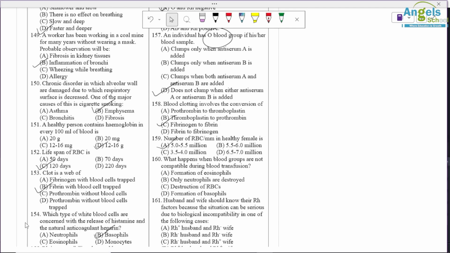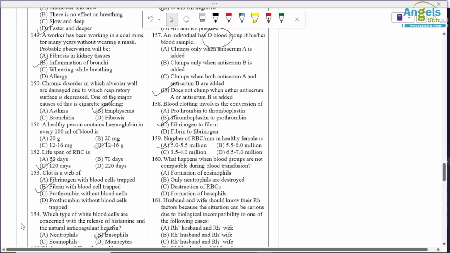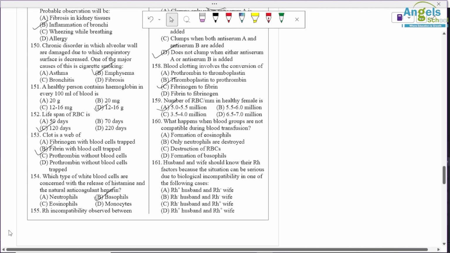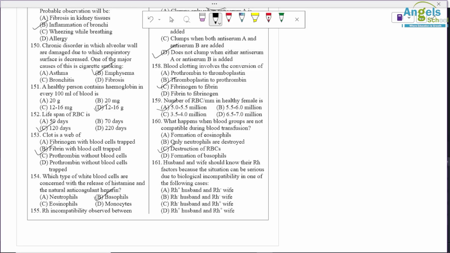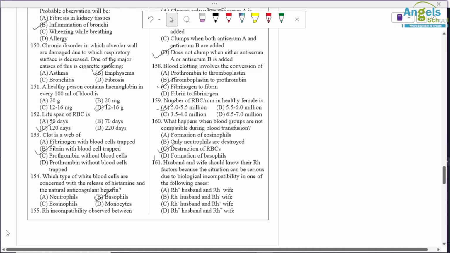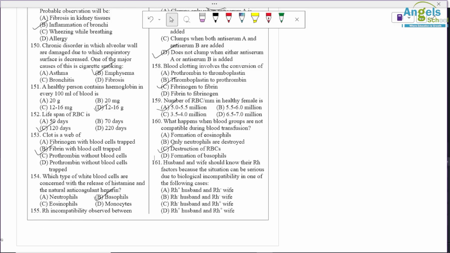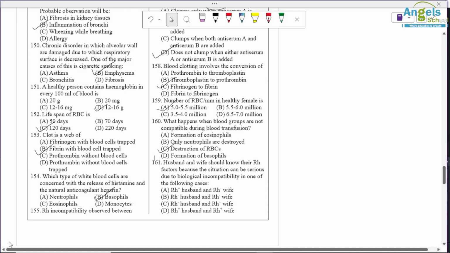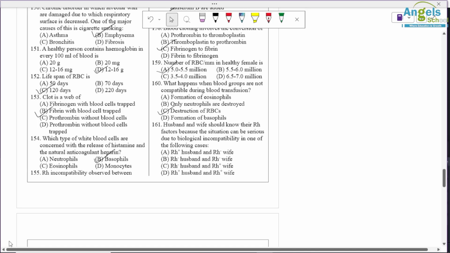What happens when blood groups are not compatible during blood transfusion? Disruption of RBC, or RBC is attacked. So here C is the correct option. Husband and wife show different Rh factor, because the situation can be serious due to biological incompatibility, which one of the following is it?